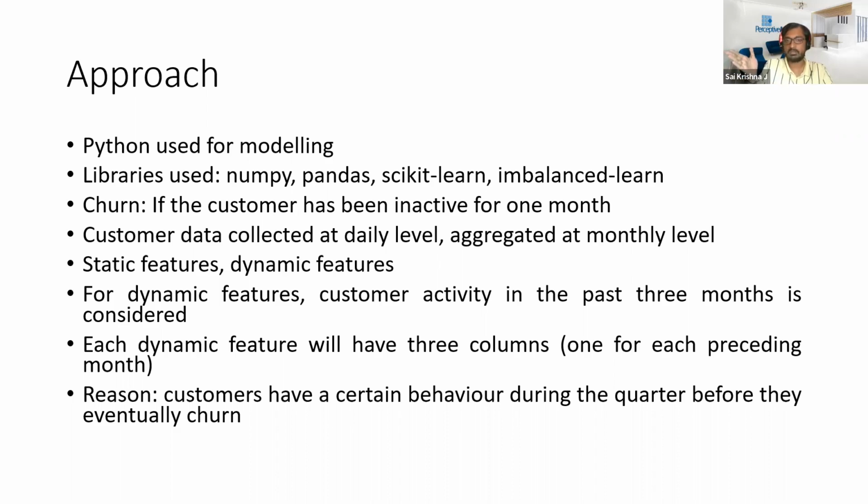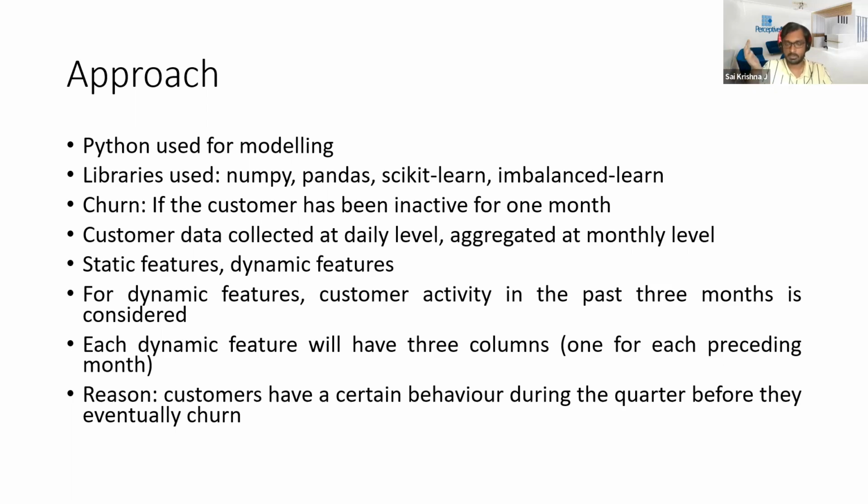So these are all static features. Dynamic features are what change from time to time. To create these dynamic features, they consider customer activity in the past 3 months. Each dynamic feature will have 3 columns, one for each preceding month. Right now we are in April. Let's say we consider one feature such as the number of calls made.